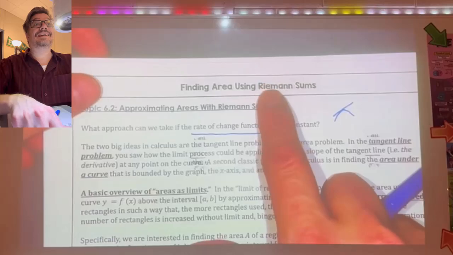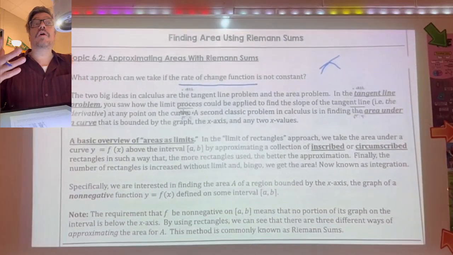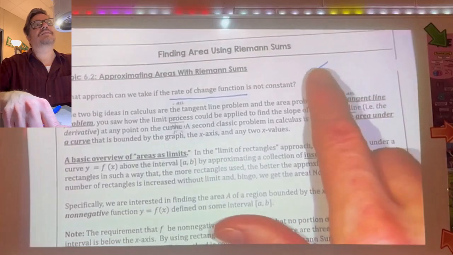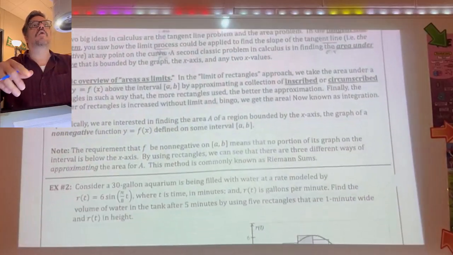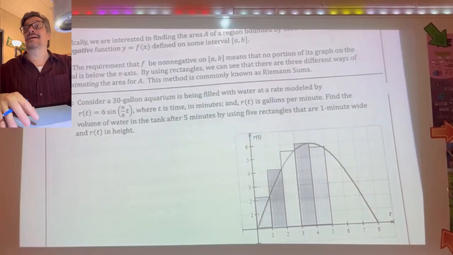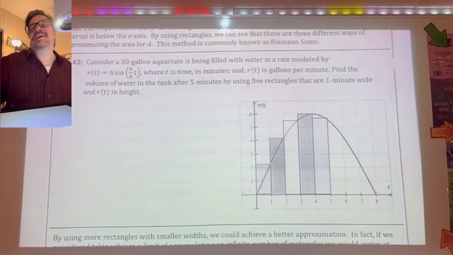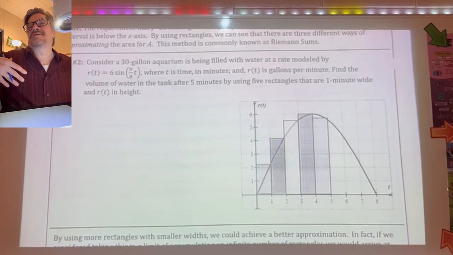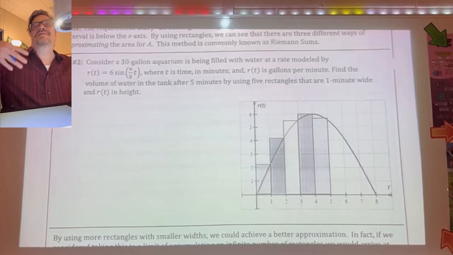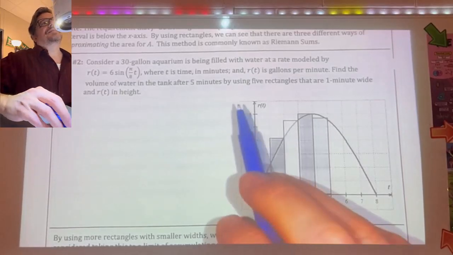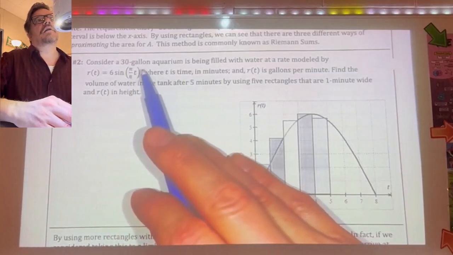So he went under the hood and figured out exactly how this works. That's why these sums are named after him, even though Newton had a similar idea. He wasn't a mathematician, he was more of a scientist, a physicist.